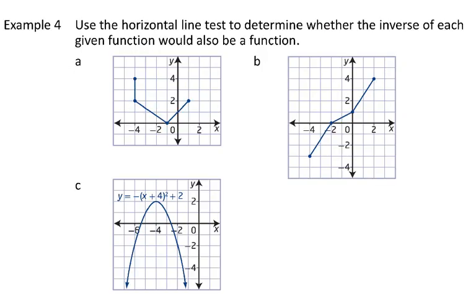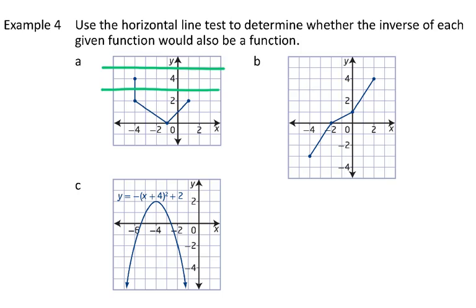So, taking a look at these, in A, I can draw this horizontal line here. That horizontal line passes only once. If that were the extent of the graph, it would pass the horizontal line test. I can draw a horizontal line here and it passes through the graph never, which is also a pass.